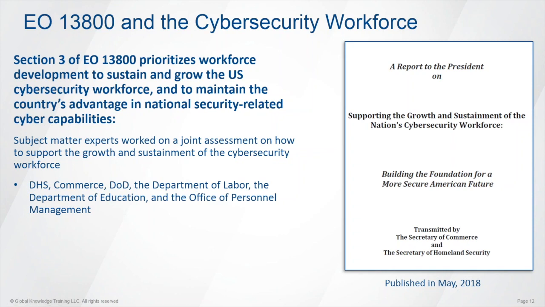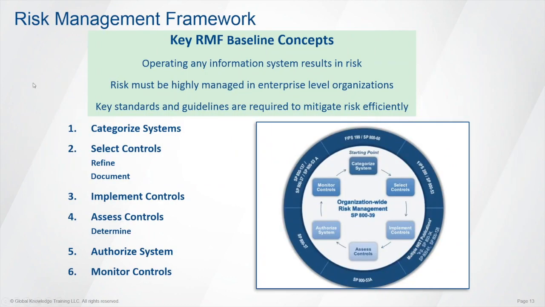The interesting thing, though, is that even though this was originally conceived as a U.S. government document, a lot of people in private industry and a lot of other governments are using it as well, just because it works. Now let's go into the risk management framework itself and just give you a brief overview of how it works. What you see on the screen here is a baseline concept of the risk management framework.